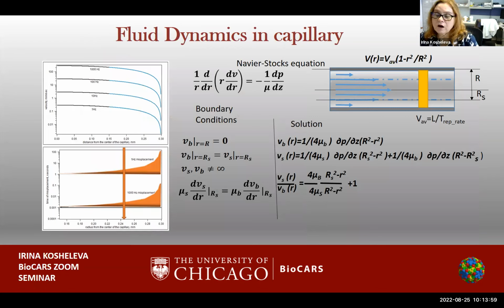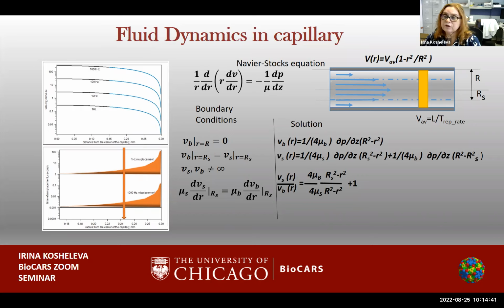Before we go any further, I would like to briefly describe fluid dynamics in the capillary, just to justify why we are doing things this way. This is a very standard setup for incompressible laminar flow in a capillary or tube, and the problem is solved analytically.